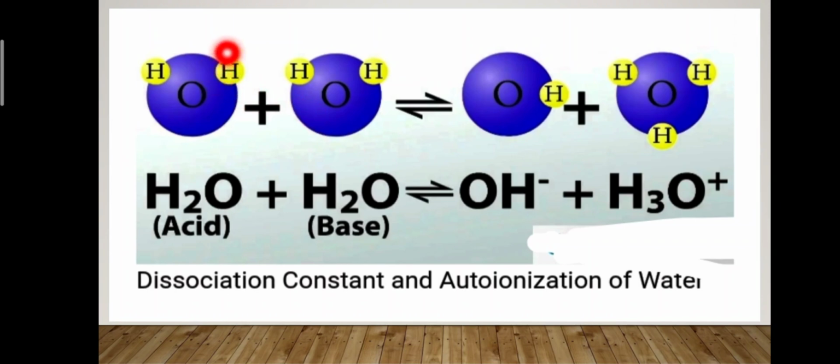After releasing this proton, the water molecule becomes OH negative ion, and after receiving the proton of the other molecule, this water molecule becomes H3O positive, that is hydronium ion. This is the autoionization of water. One molecule of water acts as an acid and the other molecule of water acts as a base.